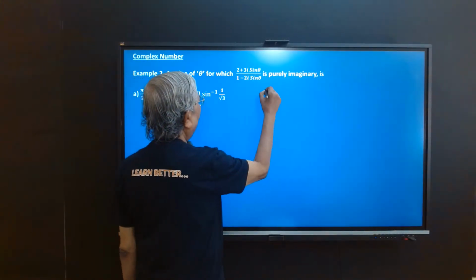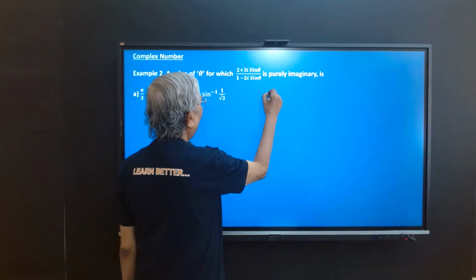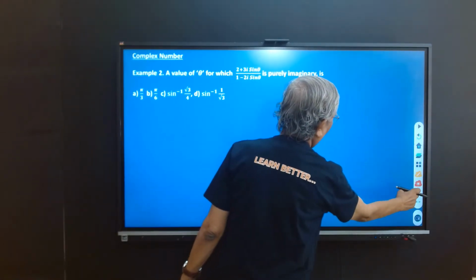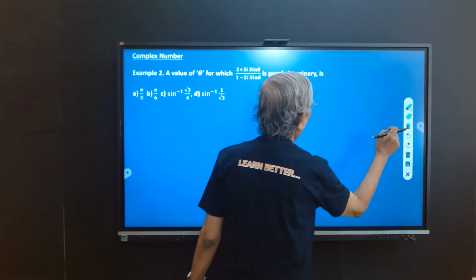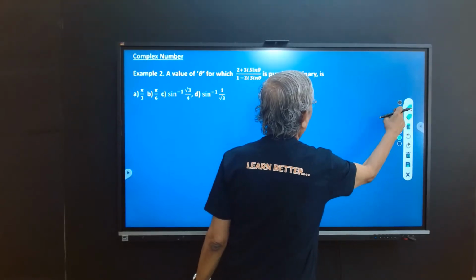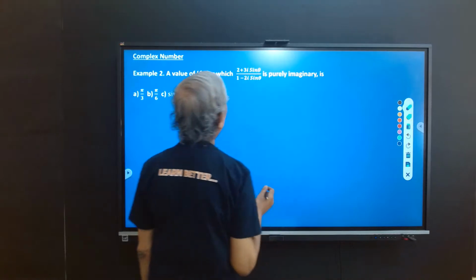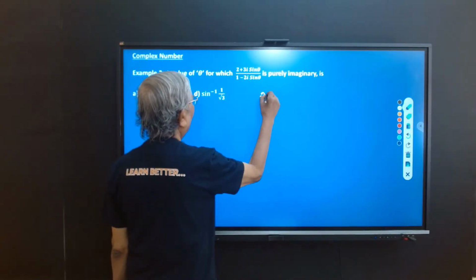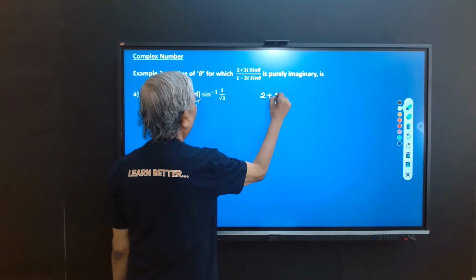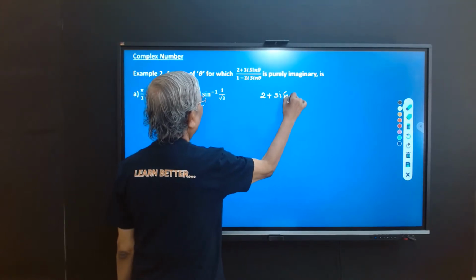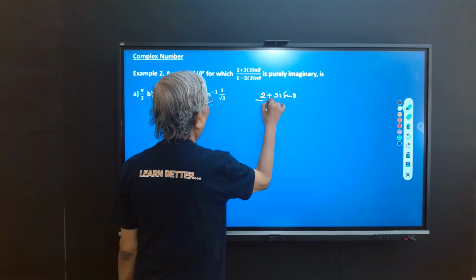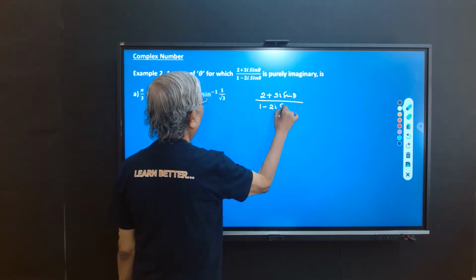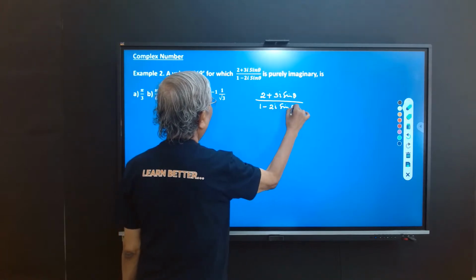You are given (2 plus 3i sin theta) by (1 minus 2i sin theta).